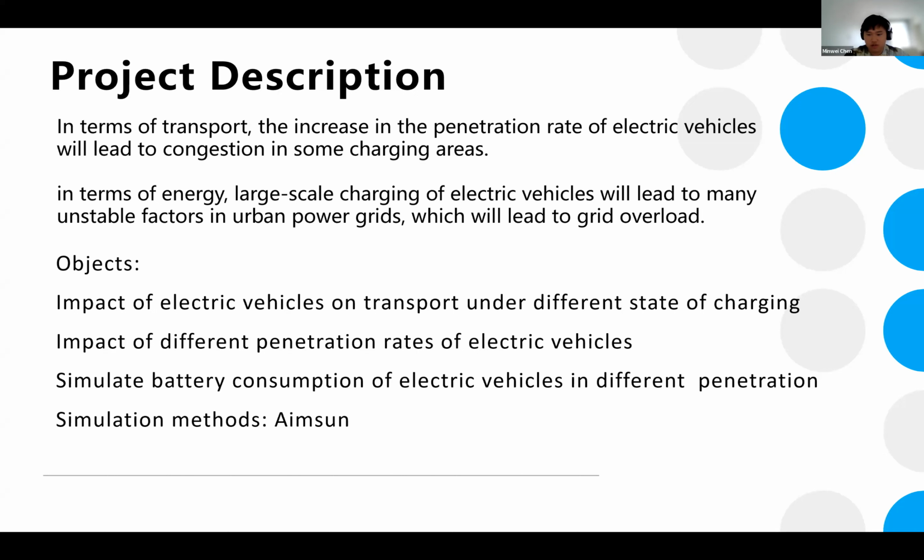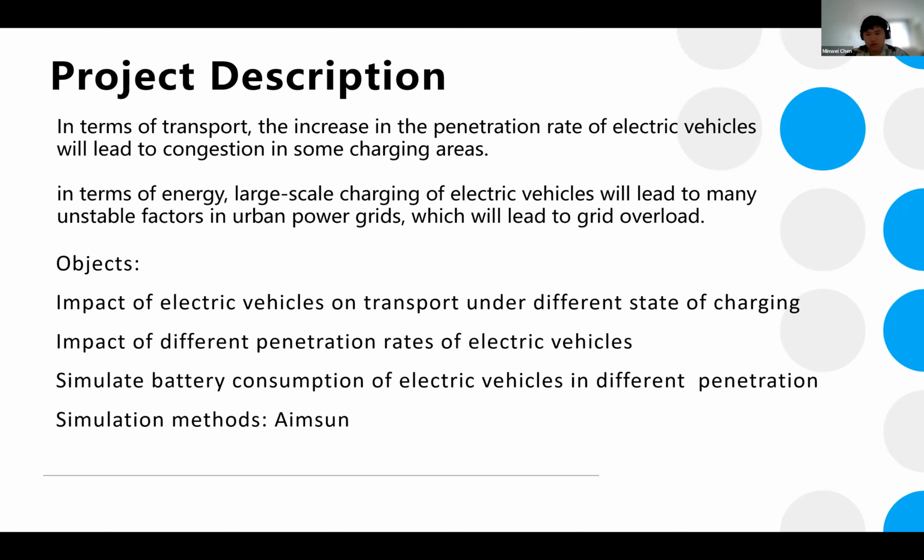However, in terms of energy, large-scale charging of electrical vehicles will bring many unstable factors in the urban power grid, which will lead to grid overload. Therefore, the impact of the electrical vehicle on transportation and the power grid should be analyzed. And some factors such as the location, penetration rate of the electrical vehicle, and the state of the power grid should be considered as well.